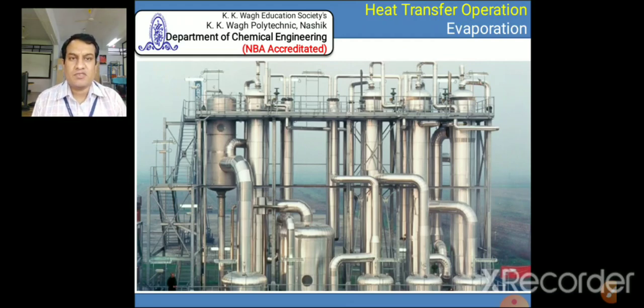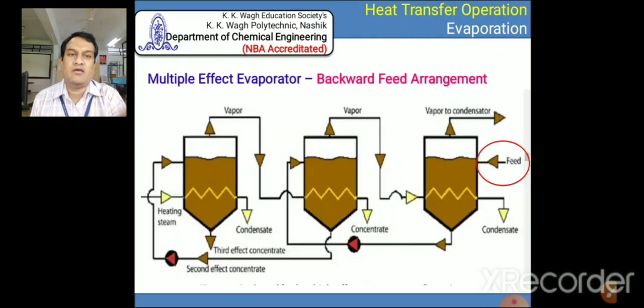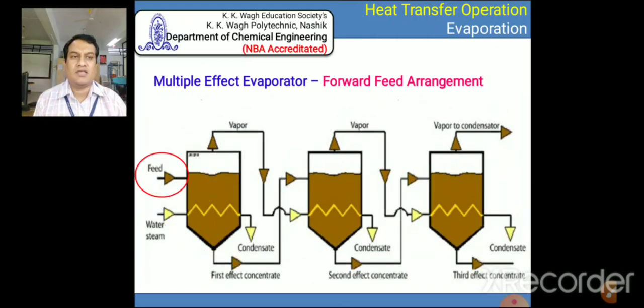The major points for the comparison are, if you observe in the forward feed arrangement, the thick liquor is the product in the final effect, and normally the pressure and temperature are highest in the first effect, then medium in the second effect, and then lowest in the third effect. So in the final evaporator body, the thick liquor, that is the higher concentrated liquor, is available, but the temperature is lower.